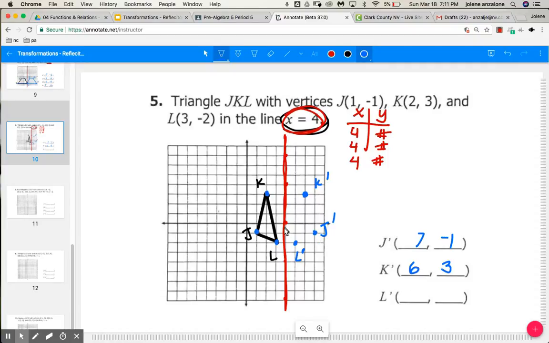So L prime is going to be at 5, -2. Then all we have to do is connect our points. And there's our reflection. And if you look, you can see that it's a mirror image.